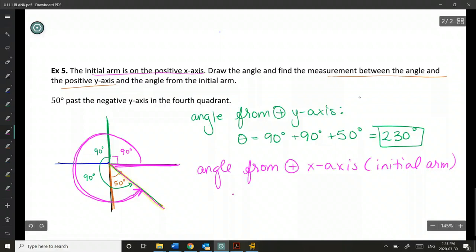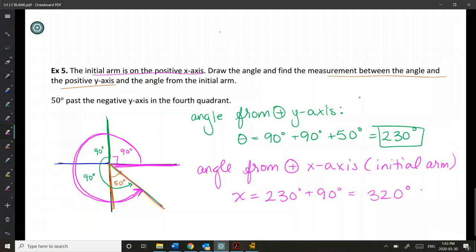So maybe we'll call that x. I'm just going to take 230 and add another 90 to that to get 320. Okay, and that's everything.